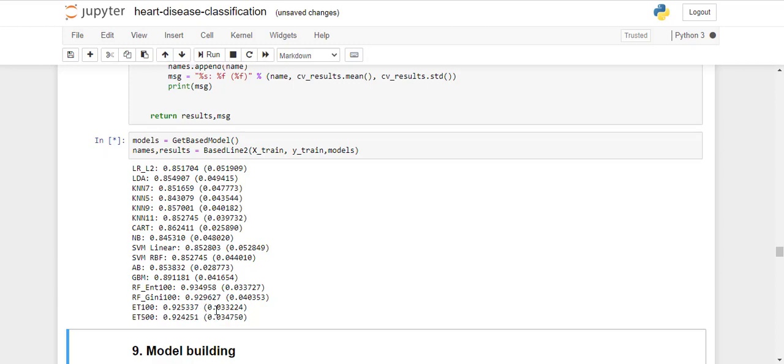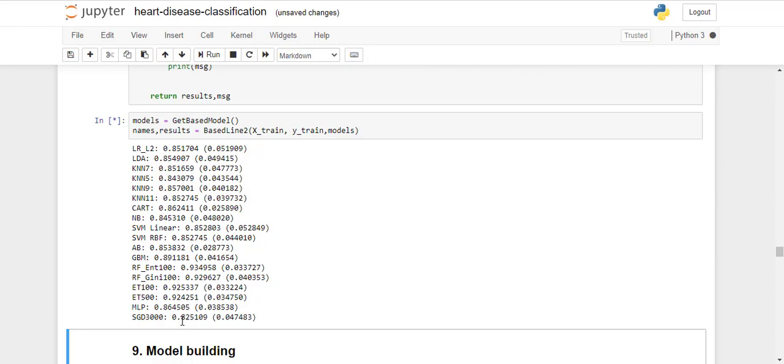Now, if we talk about extra tree classifier, it is still lower than random forest with the Gini criterion. It is taking time. MLP is pretty good, 86. SGD is quite low, 82.5. And as we can see, our baseline model, logistic regression with L2 penalty, also performed well, more than 85%. Linear discriminant analysis also did well, 85%.